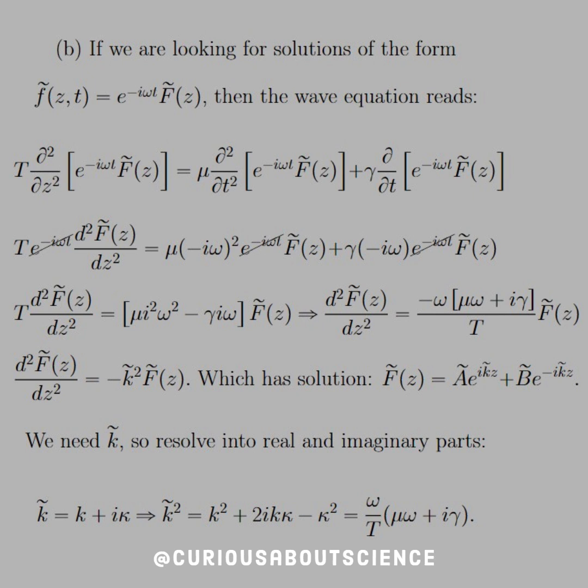And since the tilde is representative of a complex quantity, we need k tilde, so we resolve it into real and imaginary parts. And when we do that, we go for k tilde equal to k plus i kappa, which gives us, if we square it and just distribute it through, k squared plus 2i k kappa minus kappa squared is equal to omega over T times mu omega plus i gamma.